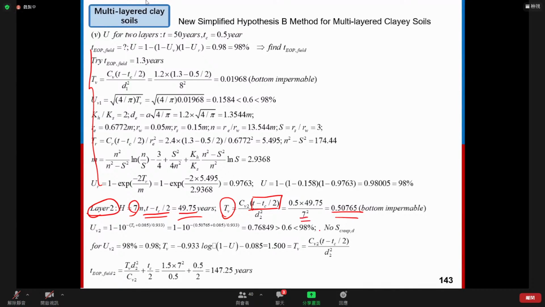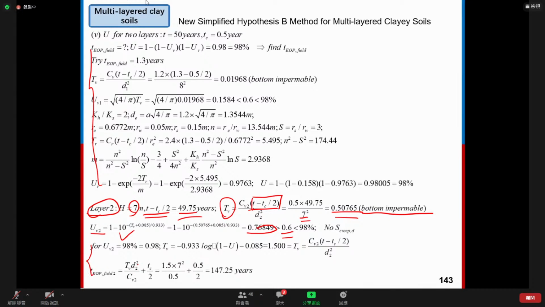The only thing different is the D here, the maximum drainage length, right? The bottom is truly impermeable because it is a bedrock, right? So UV here, we use the correct equation to calculate, which is larger than 0.6. Also, it's smaller than 98%, okay? Smaller than 98%.